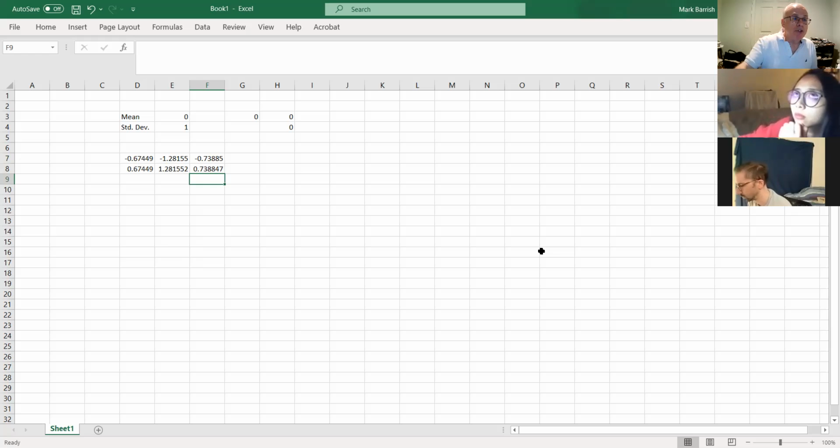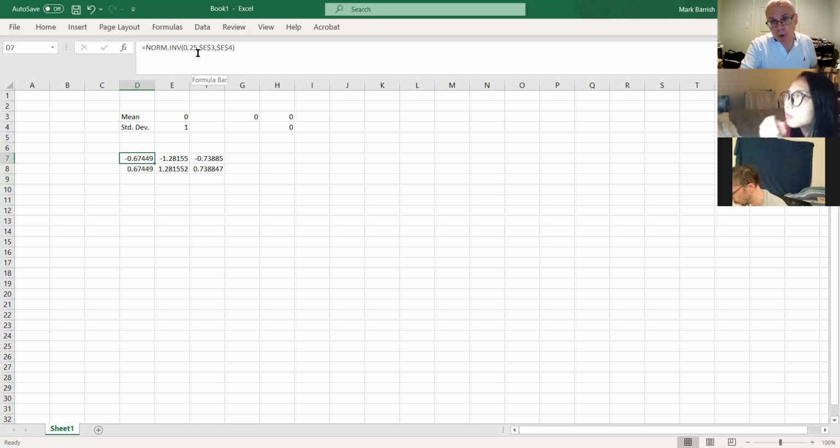So when you do an inverse normal, in this case norm.inv, you put 0.25 in for the first quartile. Lower quartile and first quartile mean the same thing. And then you put in your mean and standard deviation.